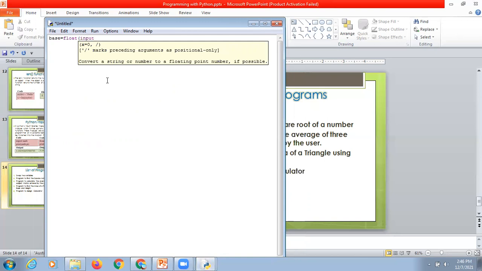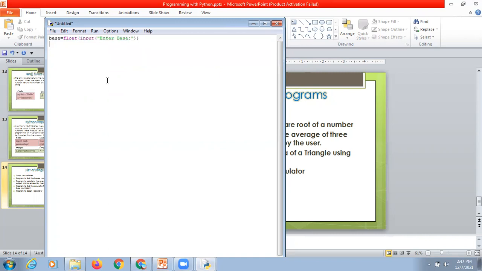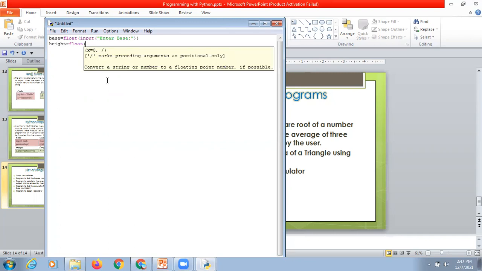input, enter base, height equals float, input, enter height.